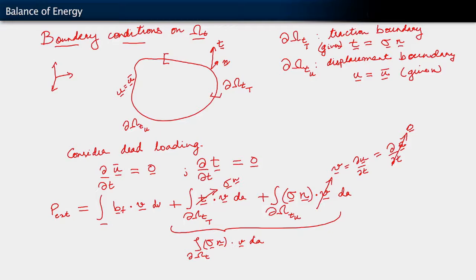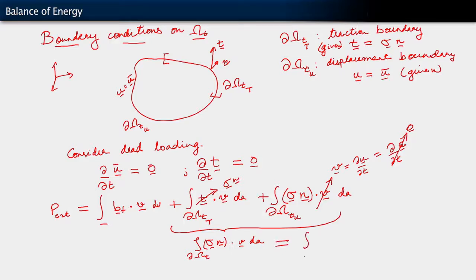So we're not adding any work coming in from the outside if v is equal to 0 on the displacement boundary. Then we're able to combine both those boundaries in this form, and it's on this form that we apply the divergence theorem.